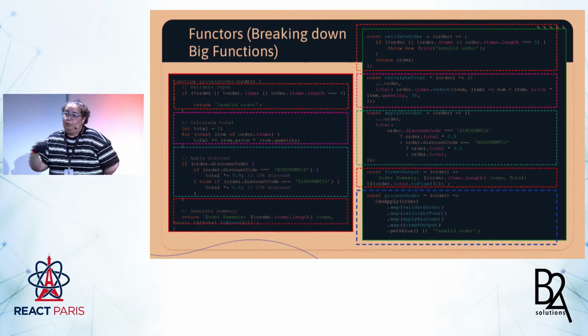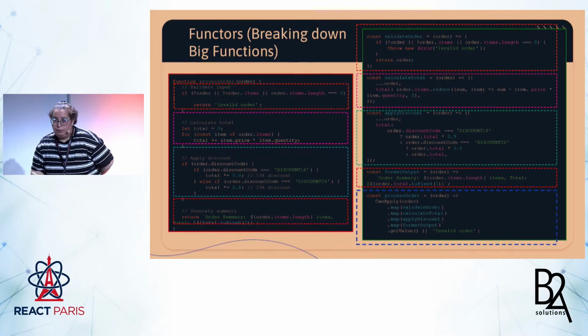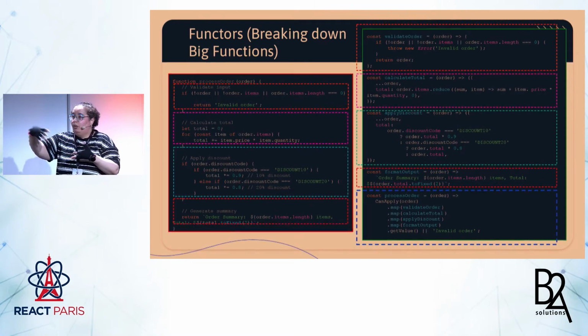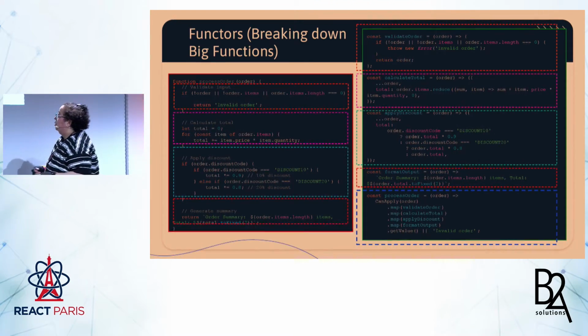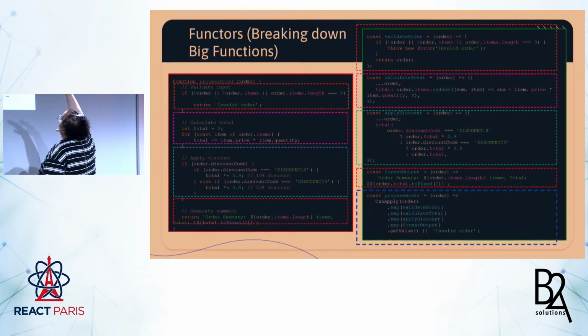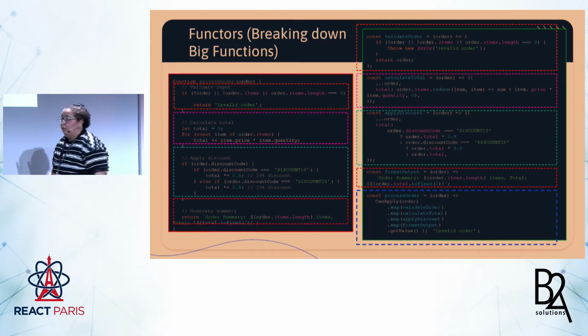What are the category theory principles? The most important principle is the composition. So we will start by splitting a big morphism into small morphisms. So we will start to split the big function into many small functions.